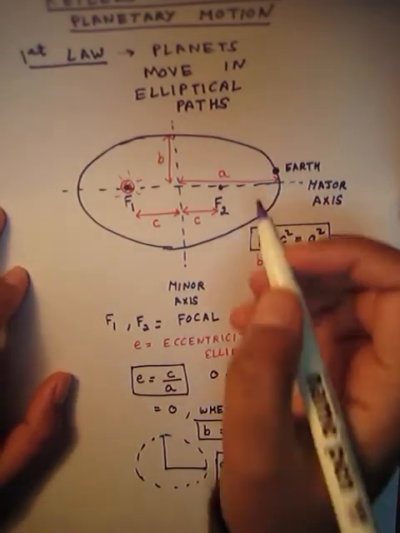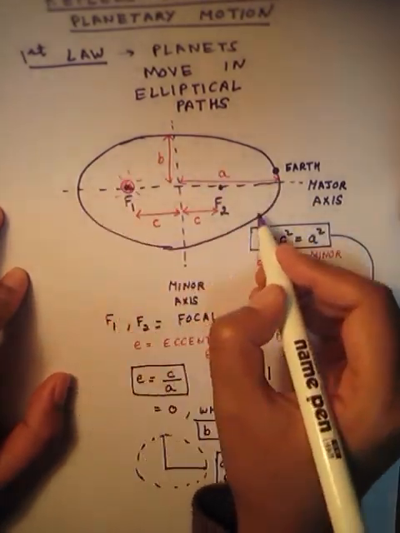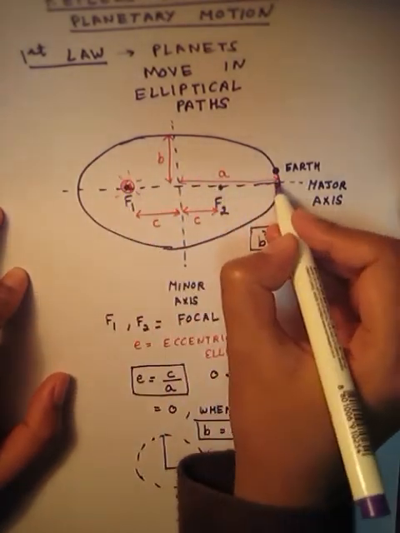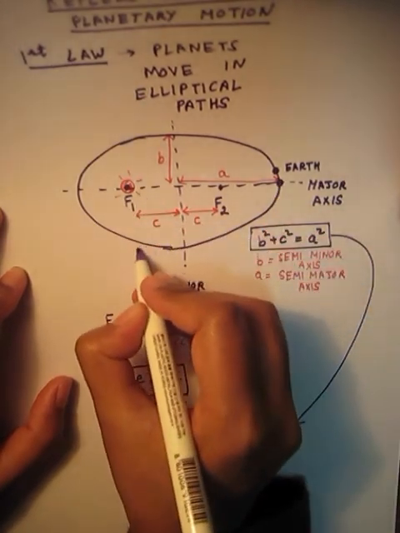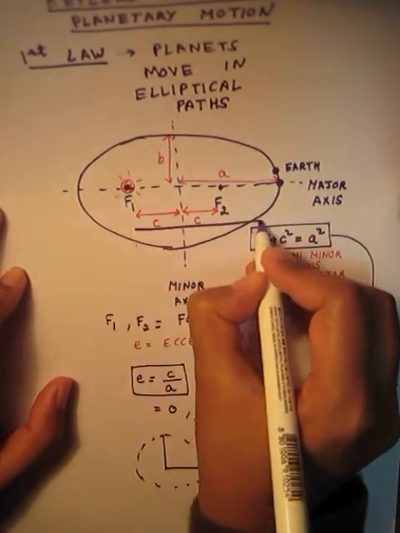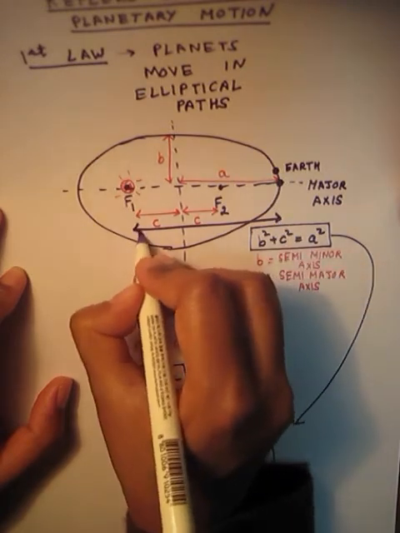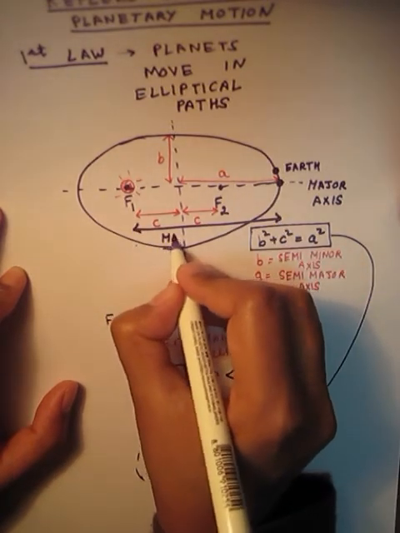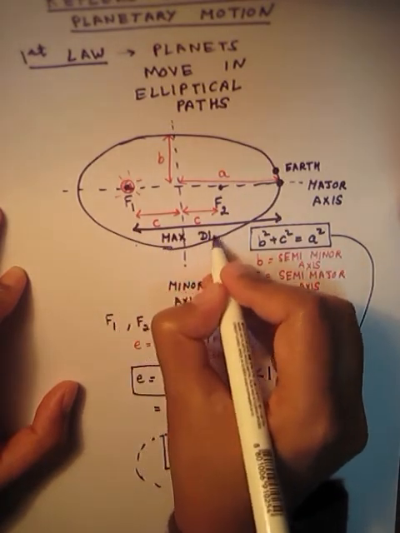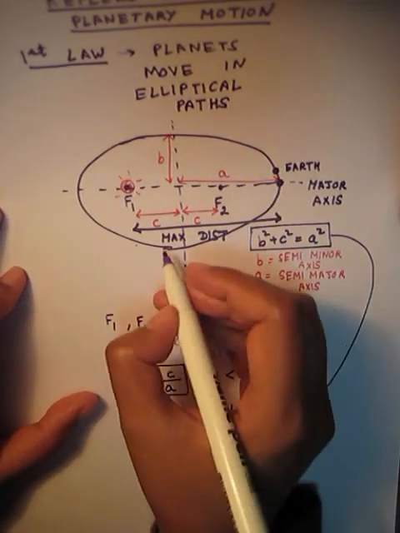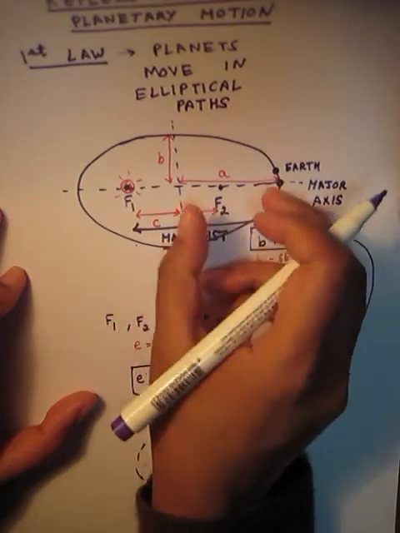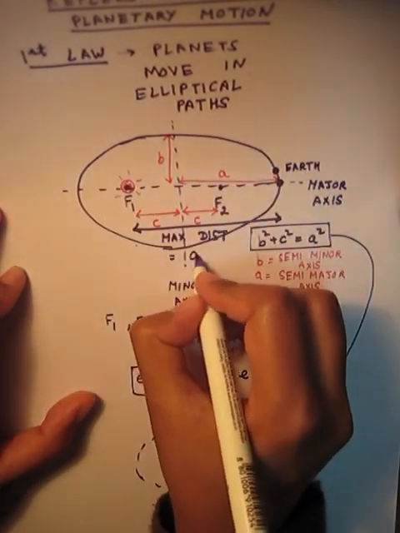And when Earth is moving around the Sun, when it is here at this point, it will be at the maximum distance from the Sun. Maximum distance from the Sun, and this distance will be a plus c. So it will be a plus c.